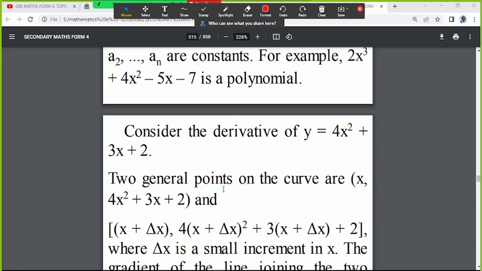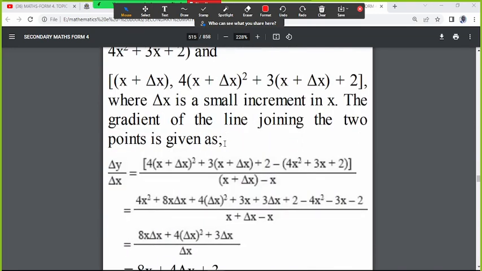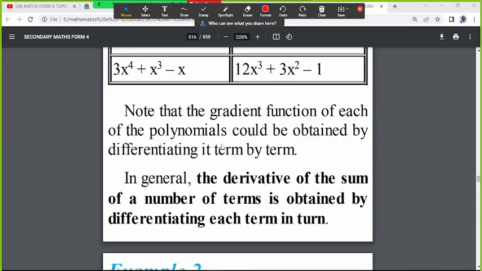We are not going to go through the process of differentiation from first principles, since we don't require that one. Let's go to the general statement.